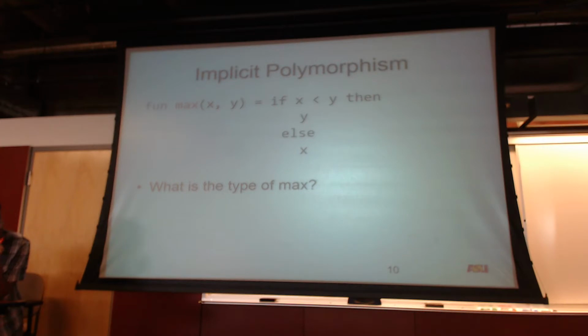Can you also do max 2 comma a? It depends upon the interpreter or compiler. If there is a less than function that can compare a character and an integer, then you can. You can take the ASCII value of that character and compare it with the integer. But then what will be the return type?